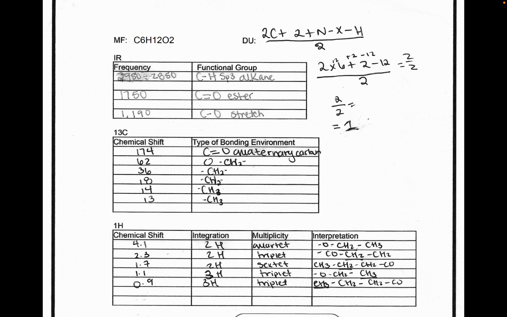Putting it all together, I think the most logical structure for this is ethyl butyrate. So I see that it has my 6 carbons. I see that I have my carbon double bonded to an oxygen, my CH2 groups, and my methyls here on the end.